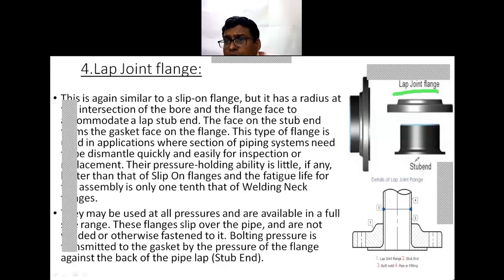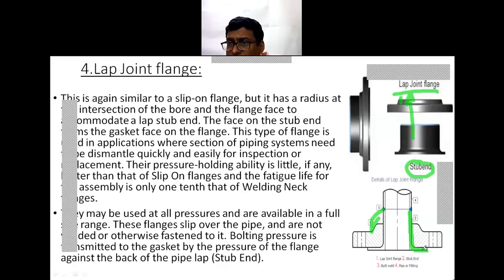Now what happens, this stub bend will have the inside diameter of this bore and this will be going inside this. So it will look like this. This is the stub end that is available.